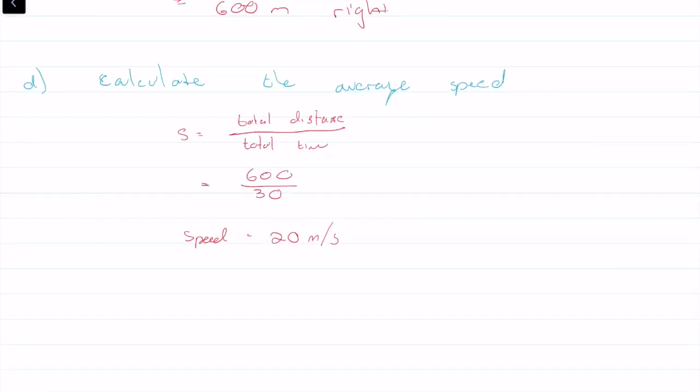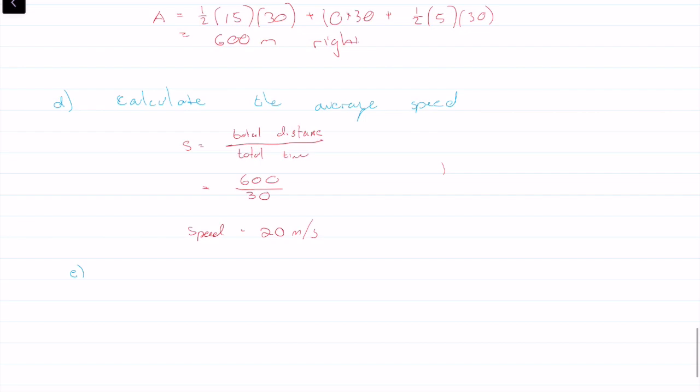Okay, so the next question, I want it in red. The next question, question DE, is going to be draw the velocity... Oh no, we've already drawn the velocity time graph. We can draw the position time graph and acceleration time graph.